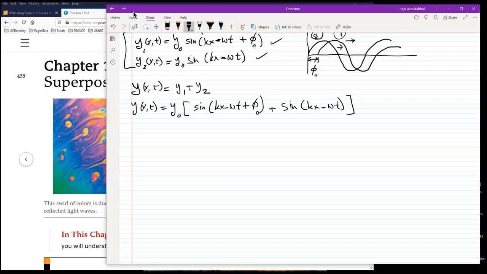If you remember the trig identity, it says sine alpha plus sine beta is equal to 2 sine of (alpha plus beta) over 2, that's the new argument, times cosine of (alpha minus beta) over 2.